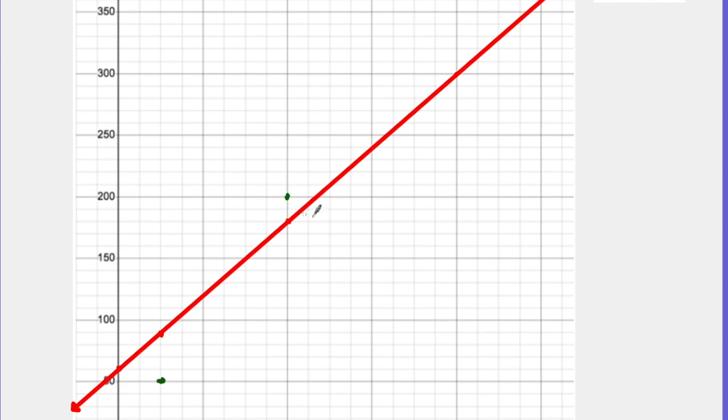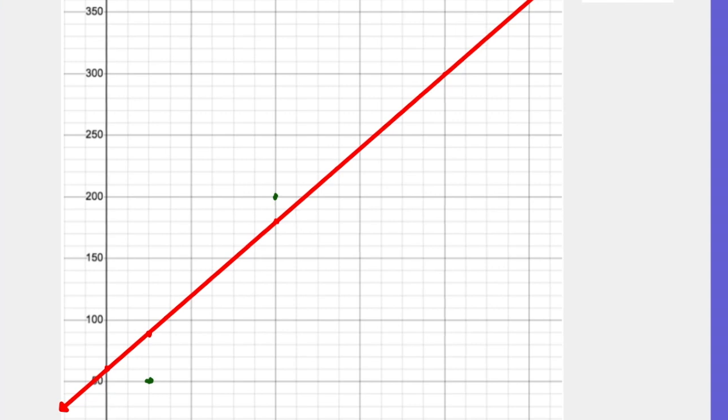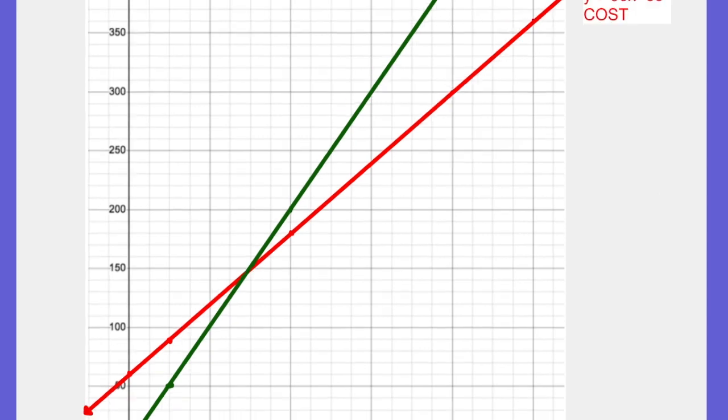So that's good. 8 and 400. And it looks like we're going to be off the graph after that. So we do have 4 solid points there. We're going to go ahead and take green, make a nice line through there. All right, and we're going to go ahead and write the equation. I'm going to write that in green as well. So this is y equals 50x, and that was for the income.